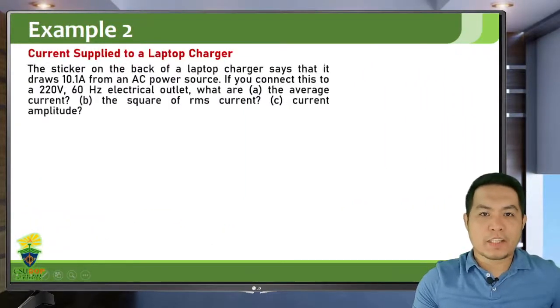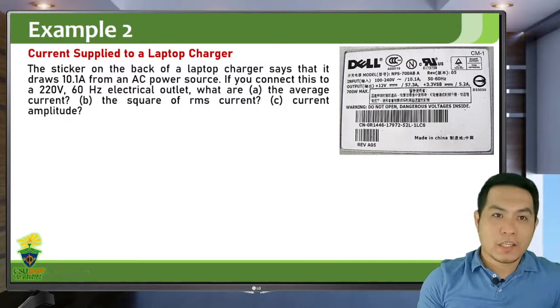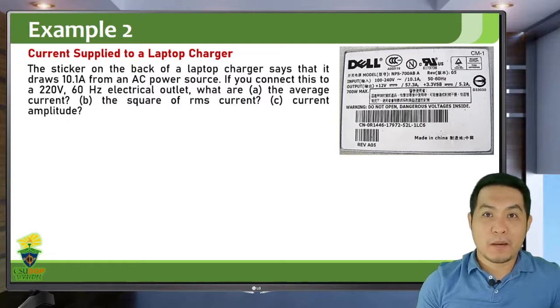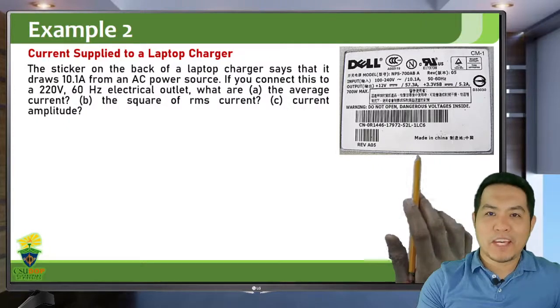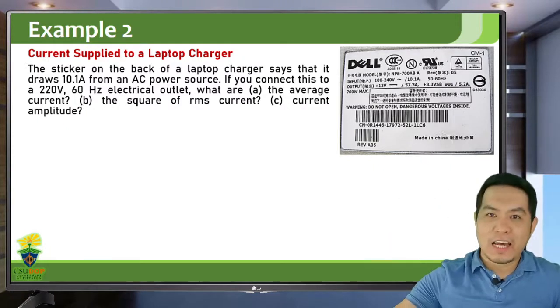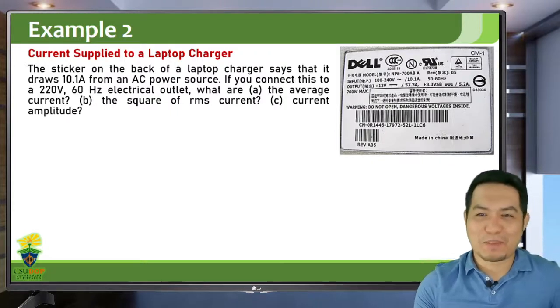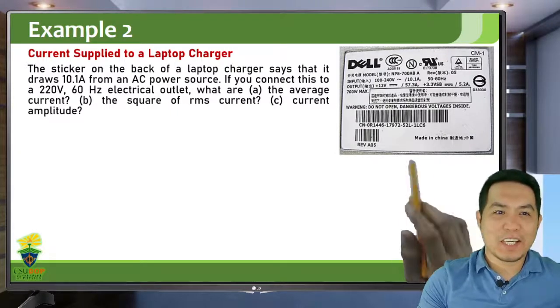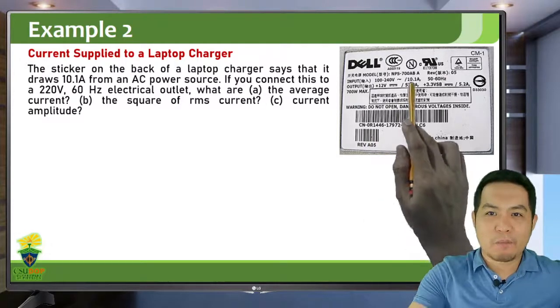For another example, let's calculate the alternating current supplied to a laptop charger. We have here a sticker at the back of a laptop charger with a brand Dell. Sorry, I'm not promoting any brand. The sticker says that it draws 10.1 amperes.